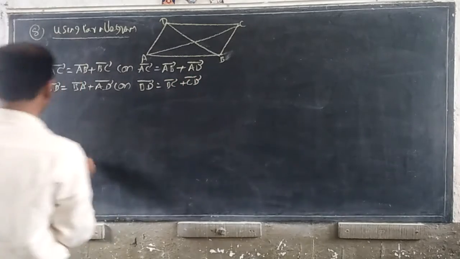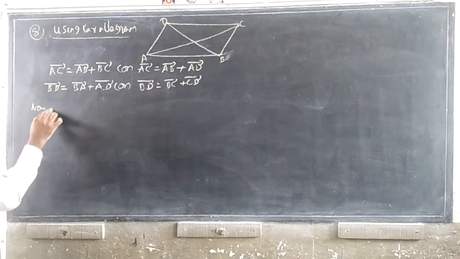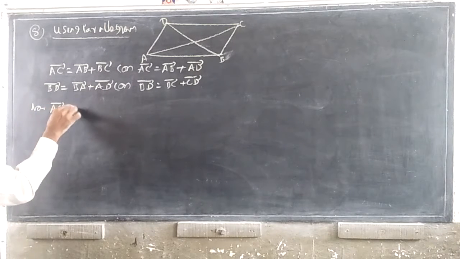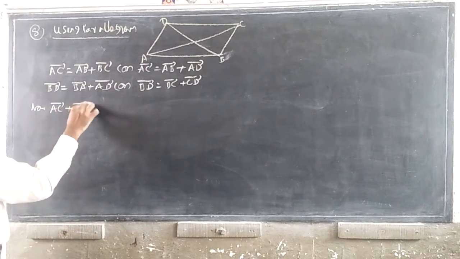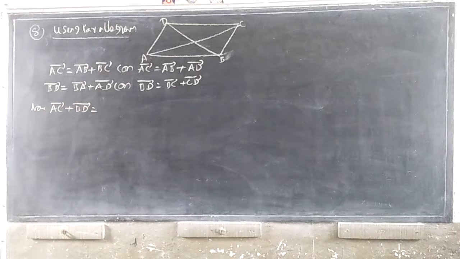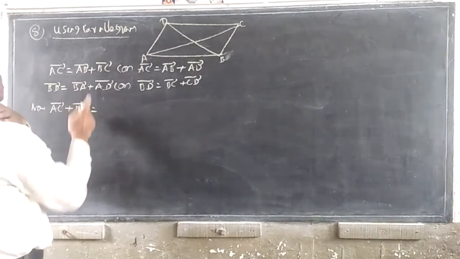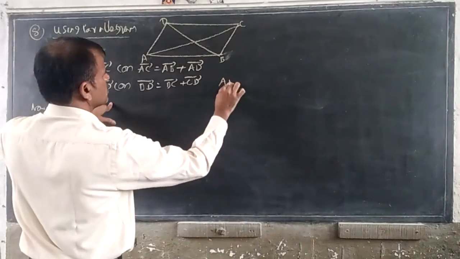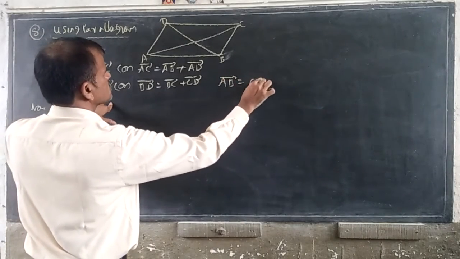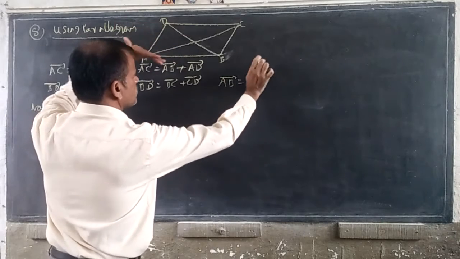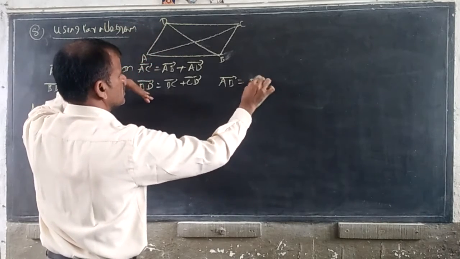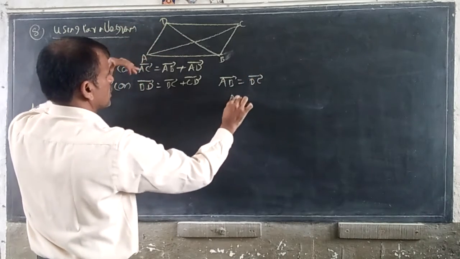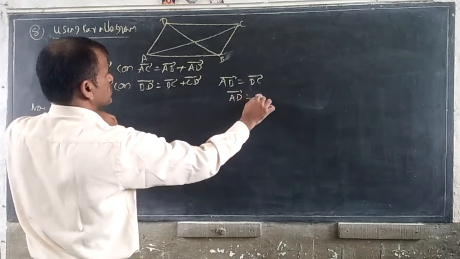Now AC plus BD: you can write AB is equal to DC, same way AD is equal to BC.